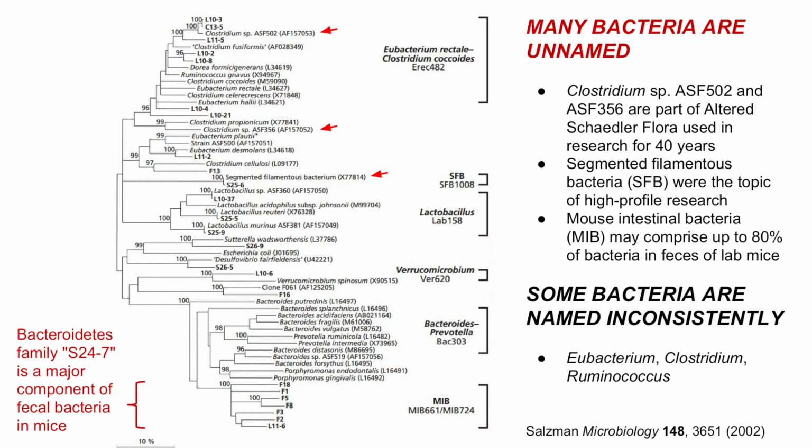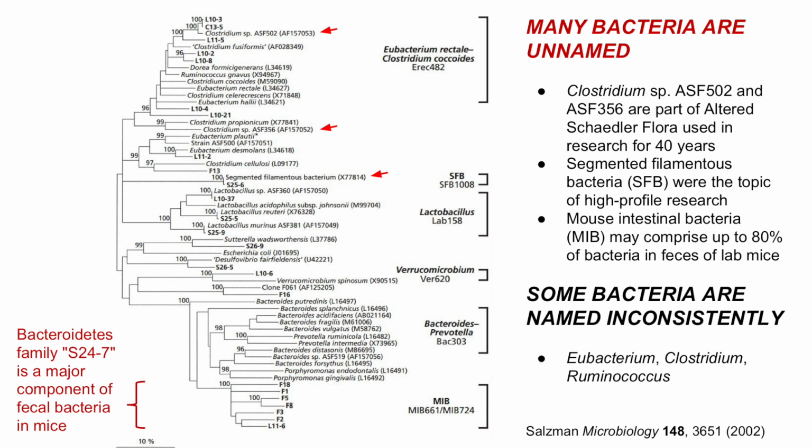And there's this whole clade of mouse fecal bacteria that's totally unnamed. And they called it mouse intestinal bacteria. And it was that way until people started doing microbiome work, and Phil Hugenholtz put together another naming system called Green Genes, and he called it S247, this whole clade of bacteria, after one of the samples in this paper.